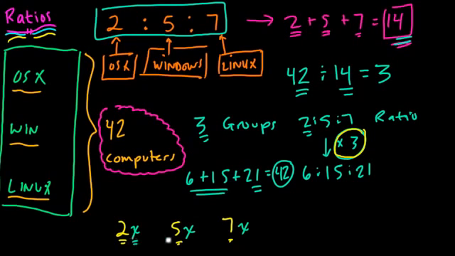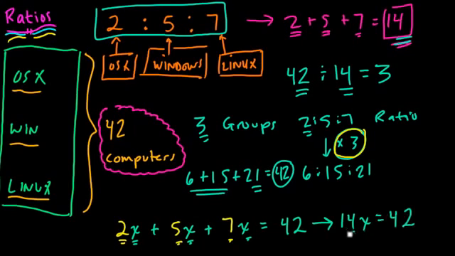So our goal with that algebra is to find that missing number, right? How many groups are there? So if we add up these 3 groups, because we're finding the total here, we know that it has to eventually equal 42. And now if we solve this equation, we'll find the number of groups needed, because 2x and 5x and 7x, that's just 14x. And 14x is going to equal 42, right?